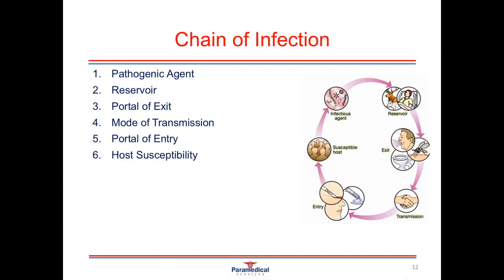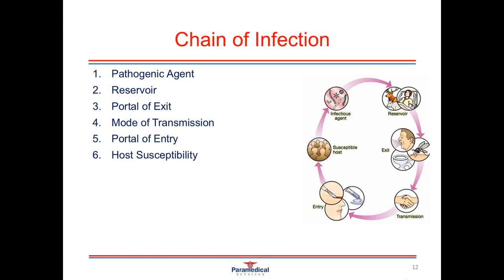The last link in the chain of infection is the host susceptibility. So this determines whether somebody will or will not get infected by this pathogenic agent that has been passed from one individual to another. Things that can affect the host susceptibility are age. So the very young and the very old or debilitated would have a generally low immune system and a low ability to fight off infections.